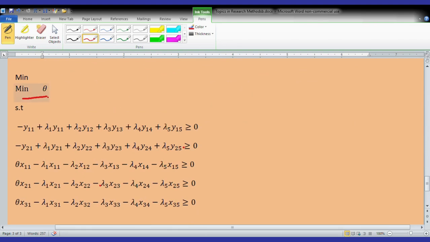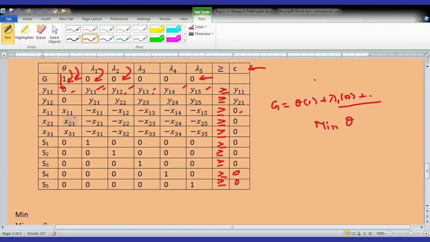Minimize theta subject to the constraint lambda 1 multiplied by y11. The first element is this thing. See that theta multiplied by 0 is equal to 0.